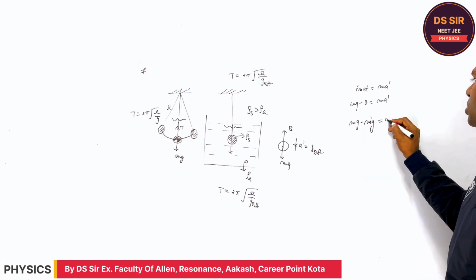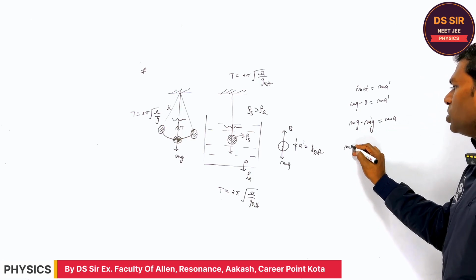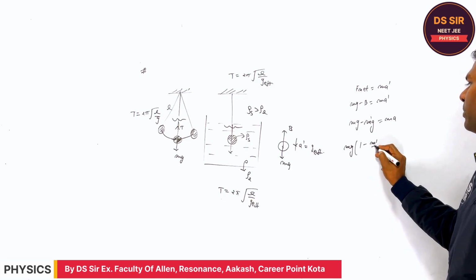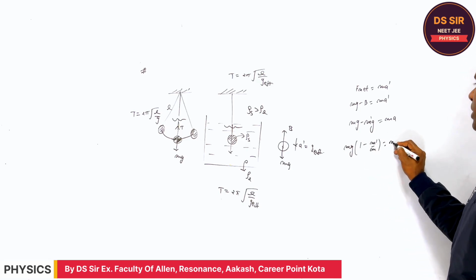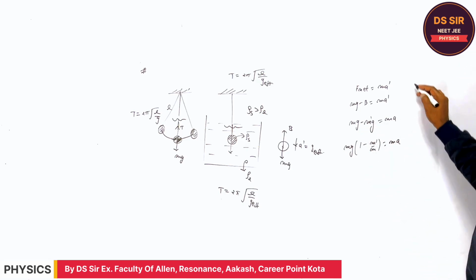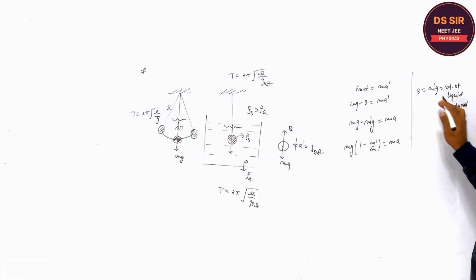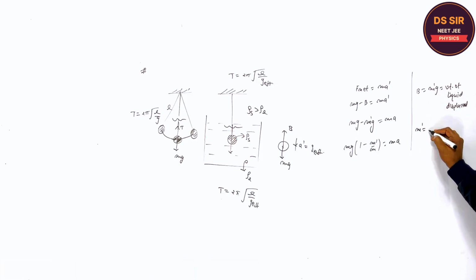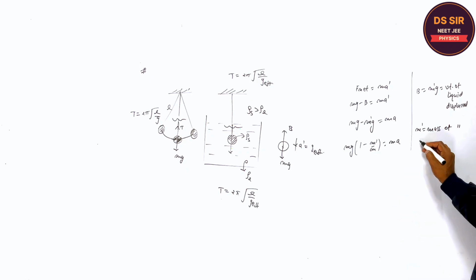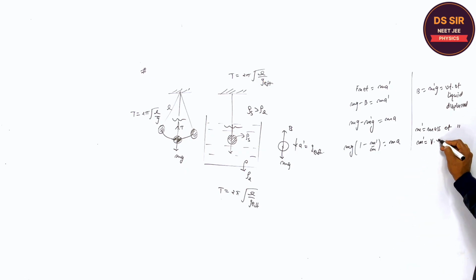Suppose m dash g is equal to the buoyant force. If you take mg common, it is mg (1 minus m dash upon m) is equal to m into a dash. What is m dash g? Tell me if you remember. This is the weight of liquid displaced. And you tell me, what is m dash? The mass of liquid displaced. What is the mass m dash? Volume into density. Whose density? Liquid density.